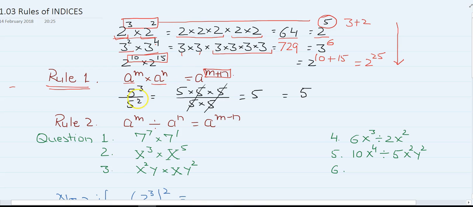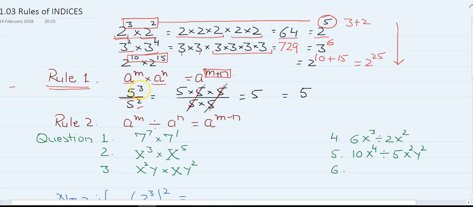Let's take another example. 5 to the power 3 divided by 5 to the power 2. So you can see 5 to the power 3 is 5 multiplied by 5 multiplied by 5, divided by 5 multiplied by 5, as the power is 2, so we multiply it twice. We can cancel 5 by 5, so the answer will be 5.